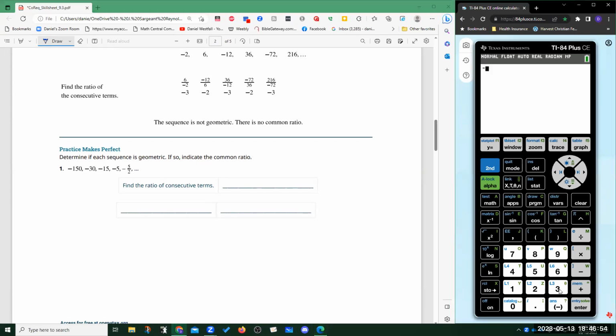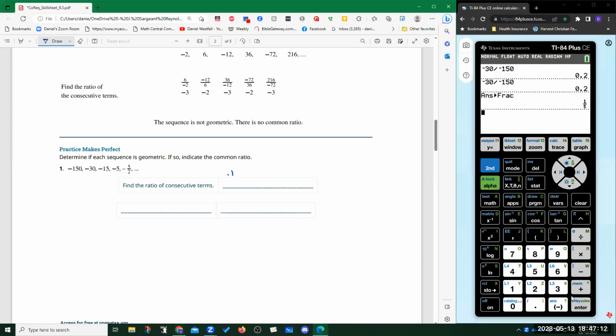-30 divided by -150 is going to be, I want to hit math, answer the fraction. It's going to be 1/5. Then -15 divided by -30, I'll tell you, is 1/2.